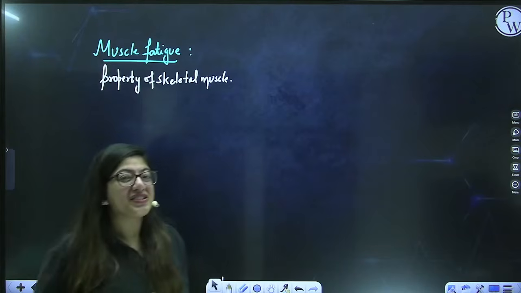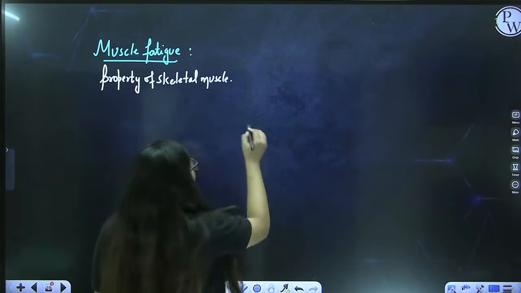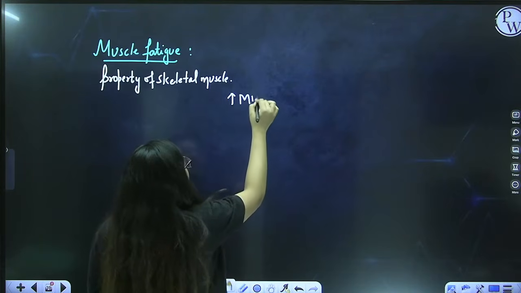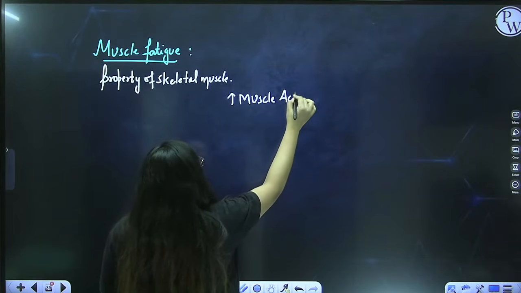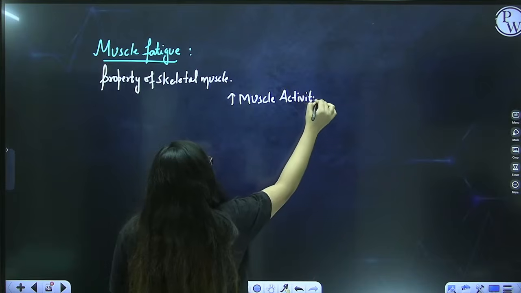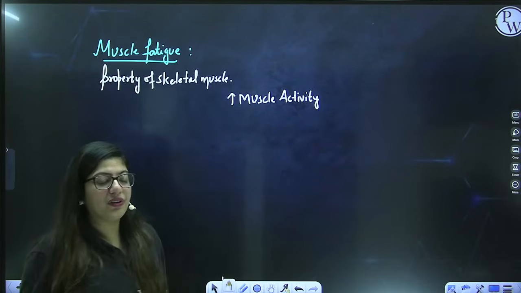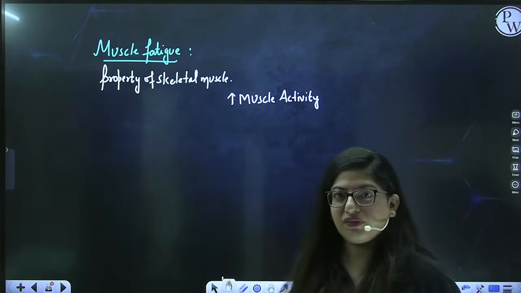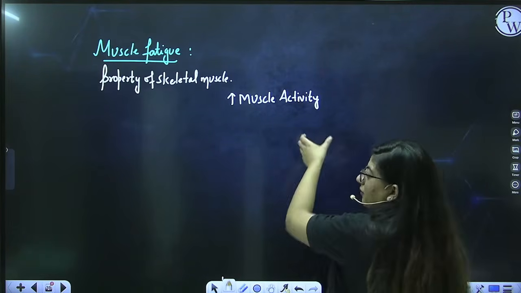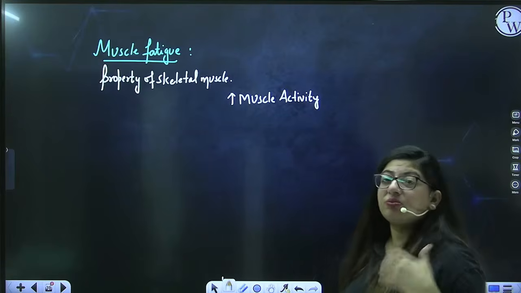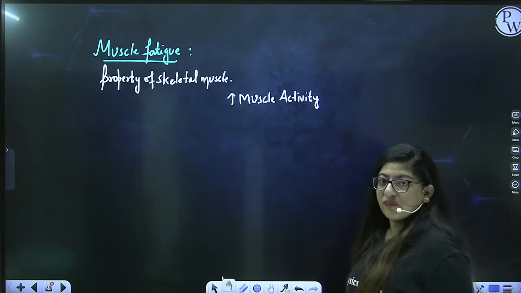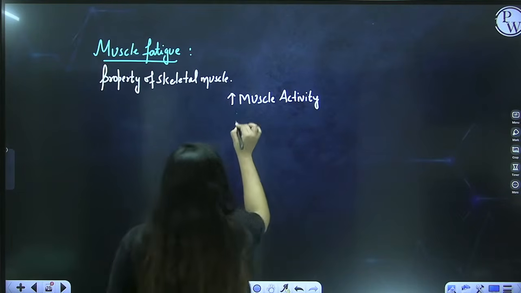Let's see what happens when we do a lot of muscle activity. When there is a lot of muscle activity, energy level is reducing, and your muscle is not getting enough oxygen as well, right? I was hiking, I was running, so muscle activity was more. When muscle activity is more, we need more ATP.